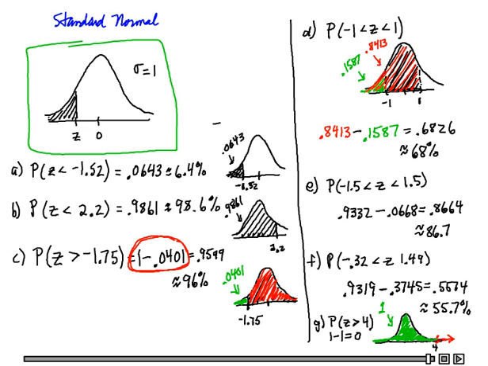It's just that 4 is off the chart, and since it's further out than 3.09, I'm going to approximate it by 1, because at 3.09 it's 0.999, and I want further out than 4. Now, if I said what's the probability Z is less than 4, well, that'd be the area to the left, or 1, or 100% probability.